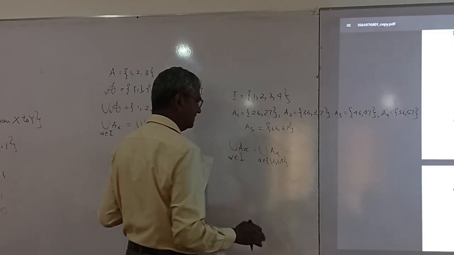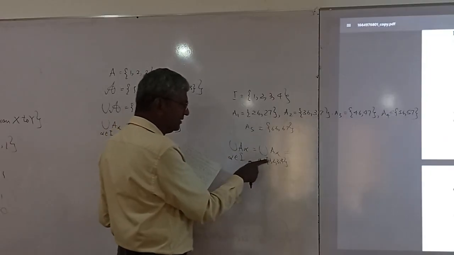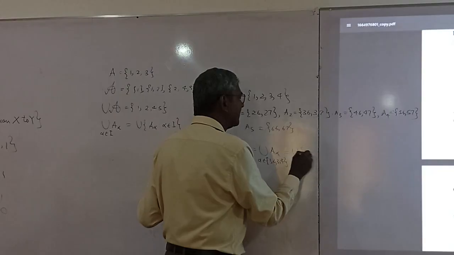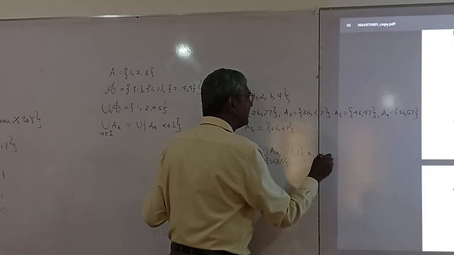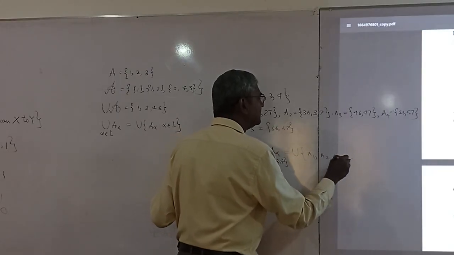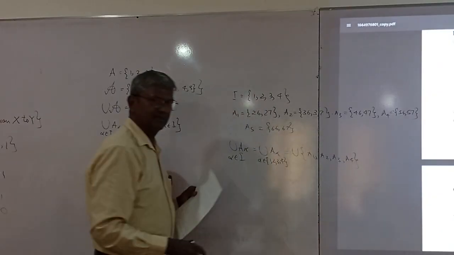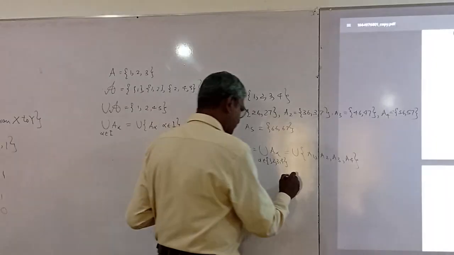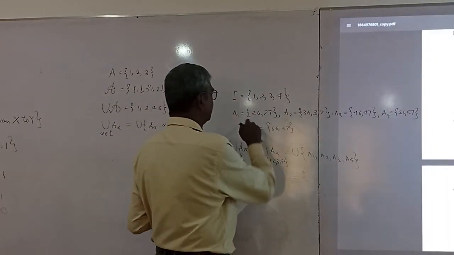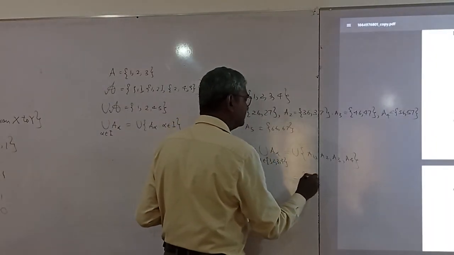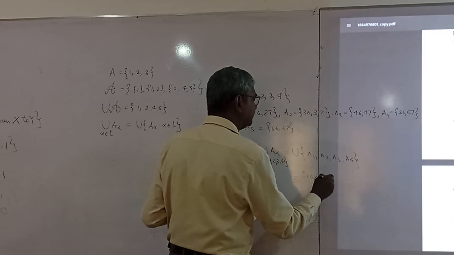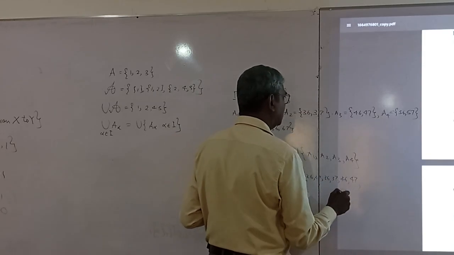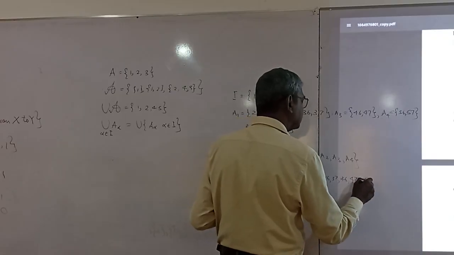So I have to take the union A1, A2, A3, A4, right? Union A1, A2, A3, A4: 26, 27, 36, 37, 46, 47, and 56, 57.